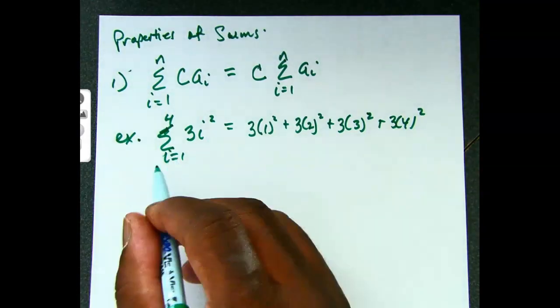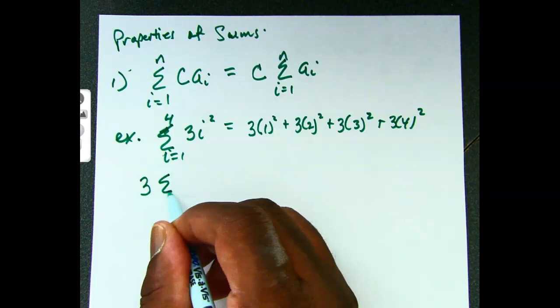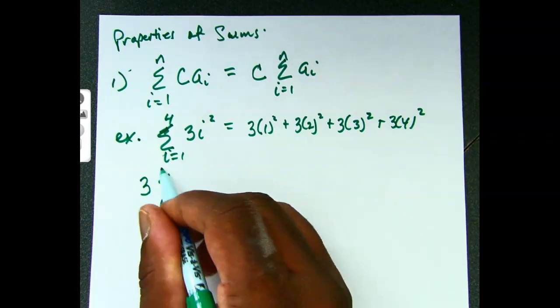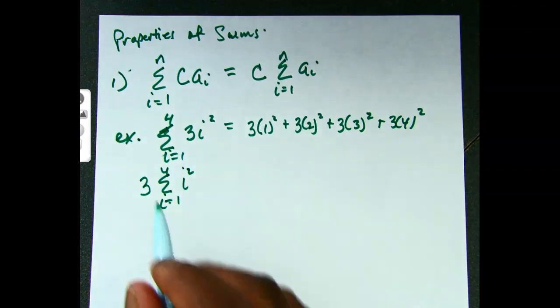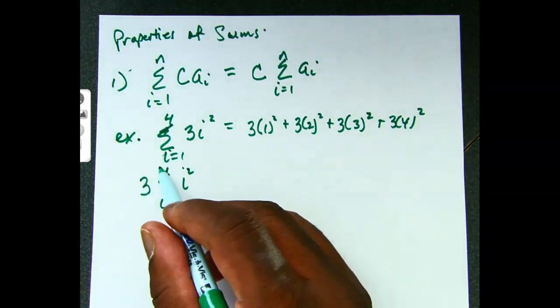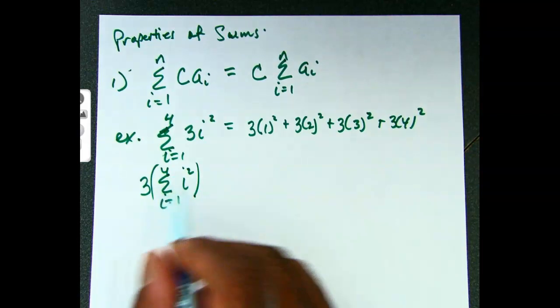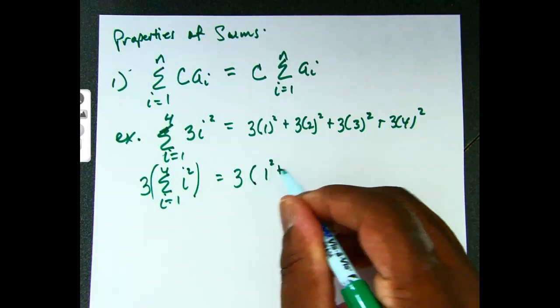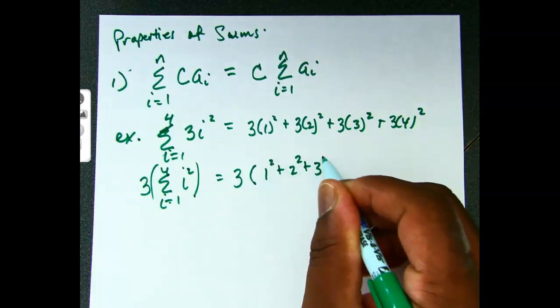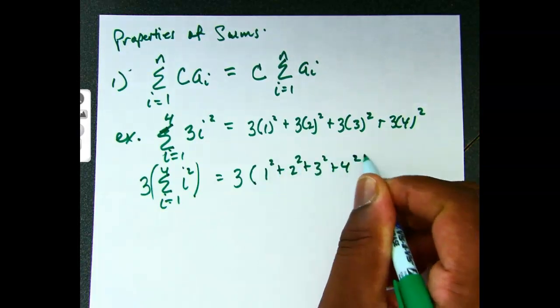And if we were to rewrite this as 3 times the summation i equals 1 to 4 of i squared, then this is 3 times the parentheses of 1 squared plus 2 squared plus 3 squared plus 4 squared.